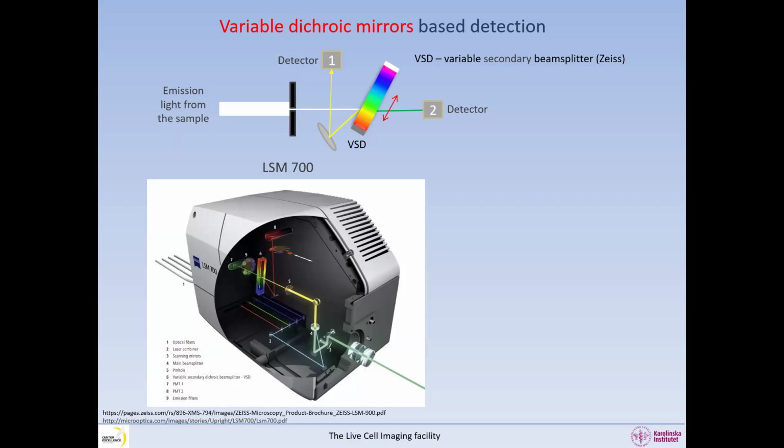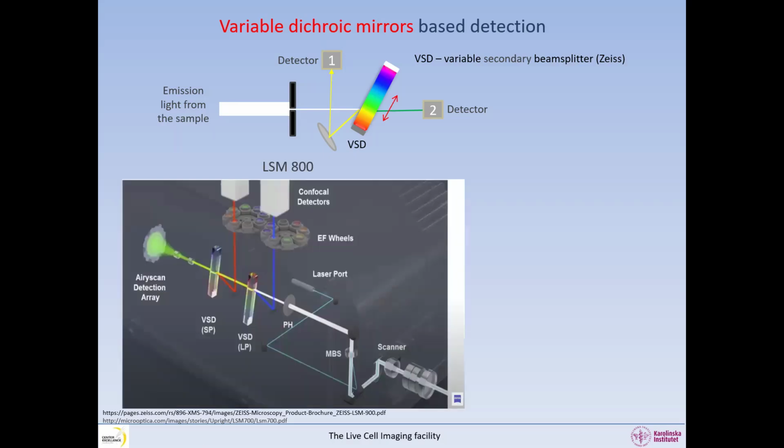Just a picture of how it looks inside: the emission light comes from the sample, we have the pinhole, and then we have the variable dichroic mirror, which will send the longer wavelength to one of the detectors. Here we have two detectors, one here, and the rest, the shorter, will pass through and reach the second detector.